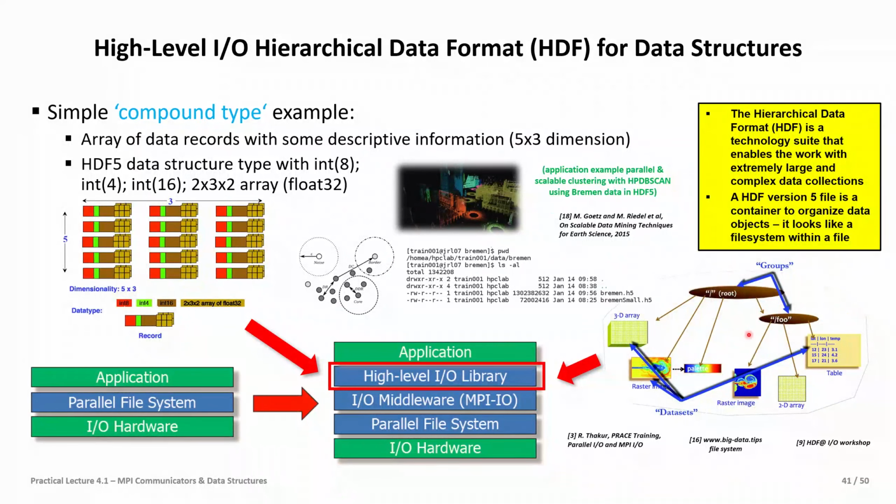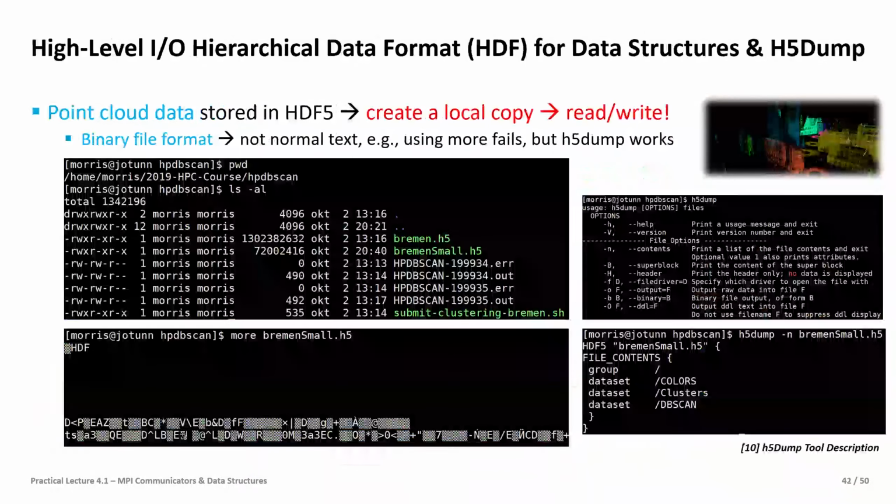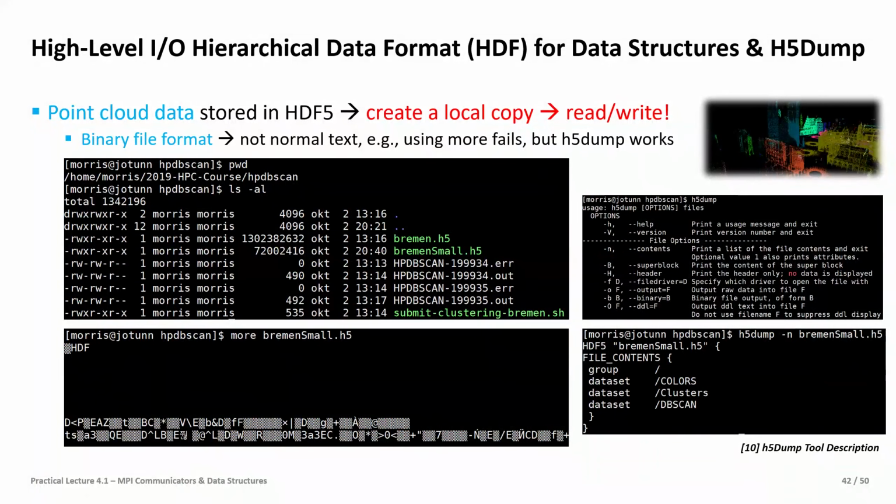You have something like slash orientation, where you can have images, 3D arrays, different parts of the data. You define how to do it. And that's what we have done when we created a data structure for this clustering. Now, if you look into this, as I told you before, it's pretty bad because it's a binary file. With more Bremen small, which you already know from the outputs of the jobs, we cannot get far. It's a binary file format, hence not readable for us.